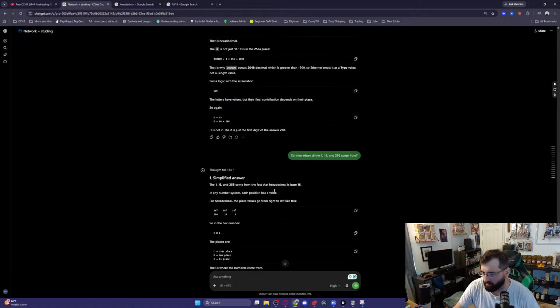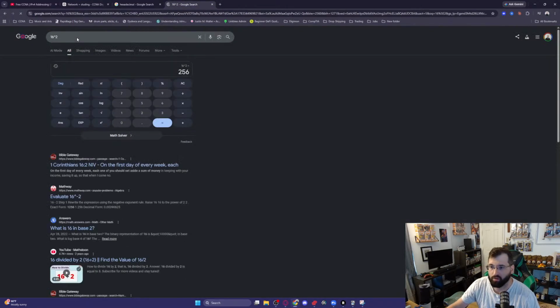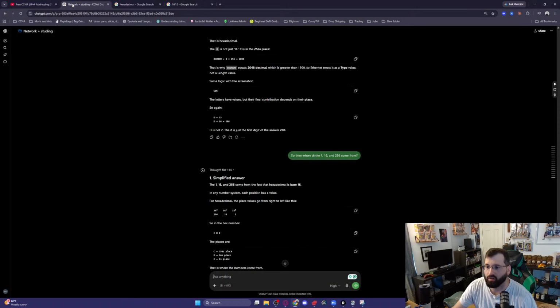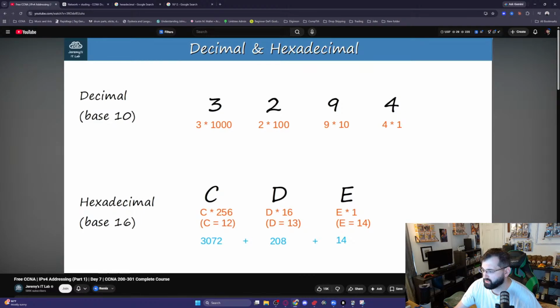The 16 is going to come from the fact that it is based off of 16. In any number system, each position has a value. Oh, I did the power of 3. So the power of 2 would be 256. So it's following the same rules. Power of 1, power of 10, power of 100, power of 1,000, power of 1, power of 16, double the 16, and so on and so forth. Okay, which is why it says it's based off of 10, why it says it's based off of 16. This is all making sense.